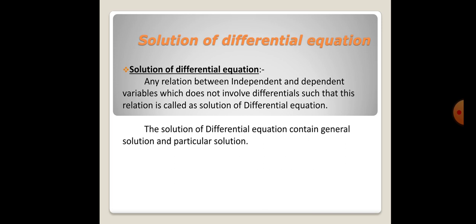The question is when do we get general solution and particular solution? The answer is when we first perform integration, we obtain a general solution, that is involving a constant k or c, and we obtain particular solution by substituting known values of x and y.